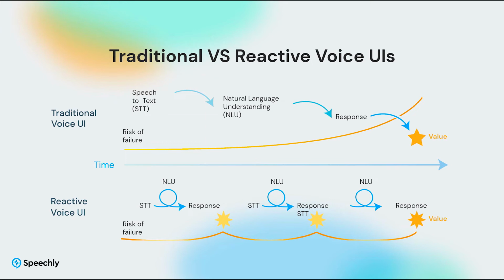Once the intent is figured out, the next step is figuring out what to actually respond back to the user, which typically with voice assistants is some sort of spoken response. So as you can see, it's a sequential or waterfall process where the value is delivered at the very end. However, also the errors during the process are silently accumulated and only surfaced at the end, making it impossible to recover for the user.